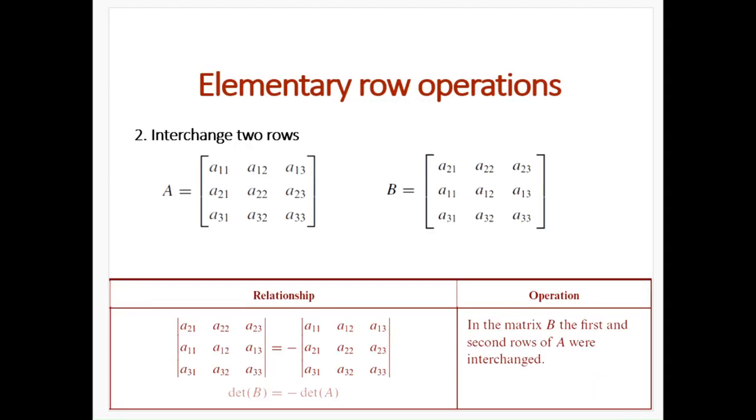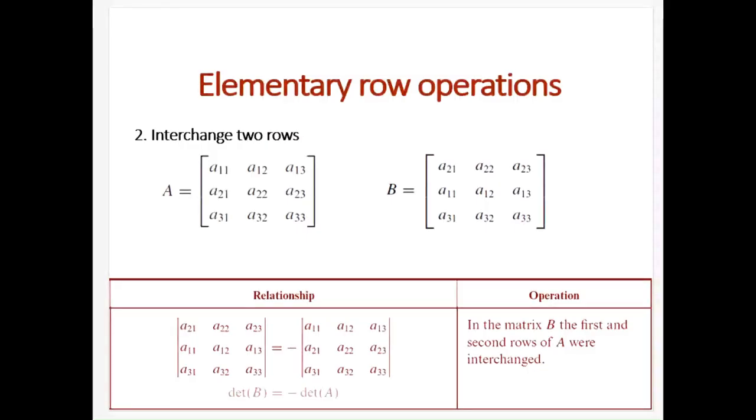Here we're going to look at another elementary row operation that we're familiar with. If you look at going from matrix A to matrix B here, the first and second rows were interchanged.